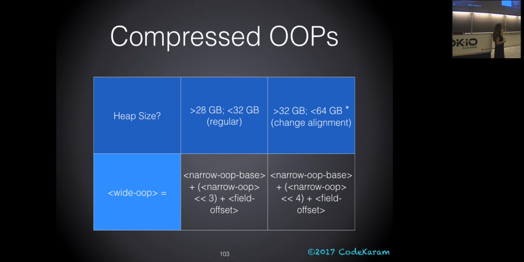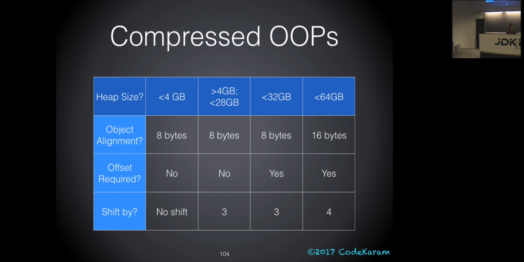What that helps is that we can now shift by 4 bits, and now you can have compressed references. Now remember, because you're changing the alignment, you're wasting heap space, right? So you have to do the trade-off and see if it's helpful. But that's something that JDK 8 allows you to do.